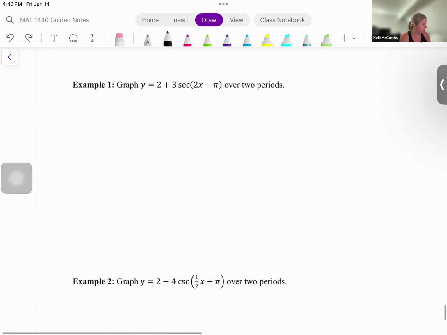All right, so we've had a lot of practice with graphing these periodic functions. So we're going to jump right into some more advanced examples for secant and cosecant here. We're going to graph y equals 2 plus 3 secant of 2x minus pi over 2 periods.